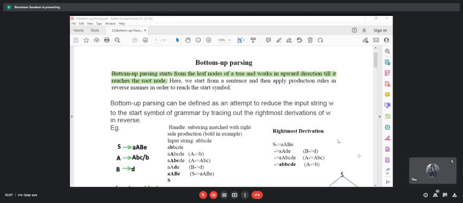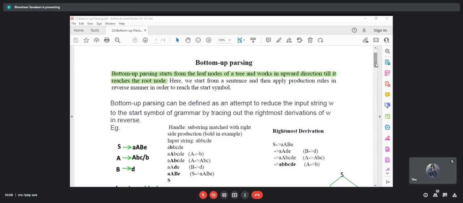So as I mentioned, in bottom up parsing, we are going to start from our input string and work upwards to reach the root node, that is our start symbol. So in bottom up parsing, we work with our input string and try to derive the start symbol.